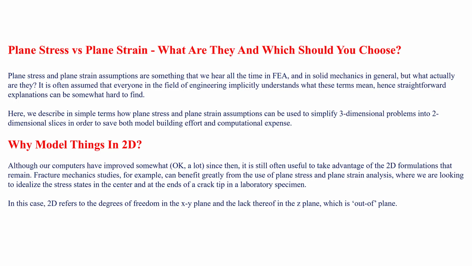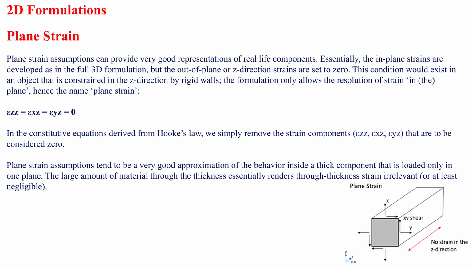So it is very important. To convert these 3D models into 2D slices, we use plane stress and plane strain. We'll see what exactly these are and how exactly they help us.